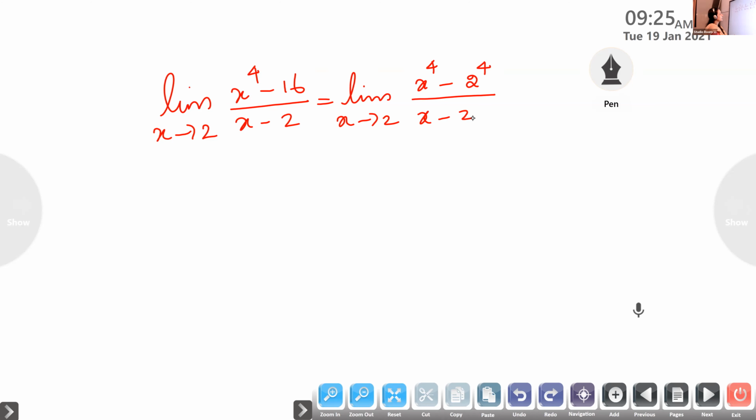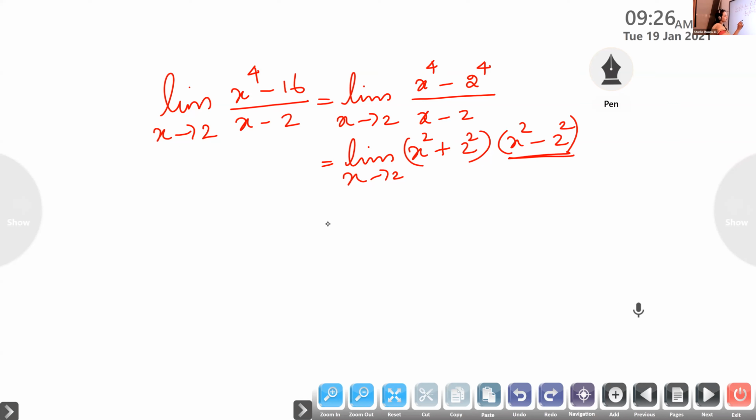So by using A square minus B square, the numerator we can write as x square plus 2 square into x square minus 2 square. Is it correct? Then once again, we can split this x square minus a square, with the denominator no change.